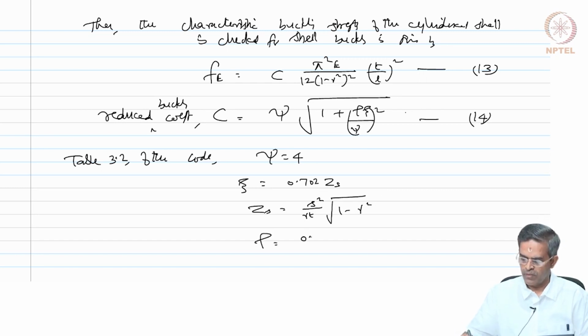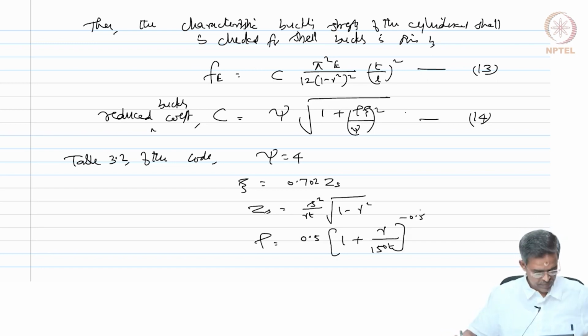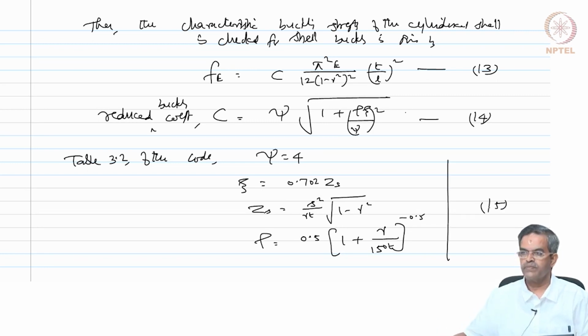Rho is 0.5 square root of 1 plus R by 150 T minus 0.5. We call this equation number 15. So, now we already know the spacing between the lateral stiffeners.